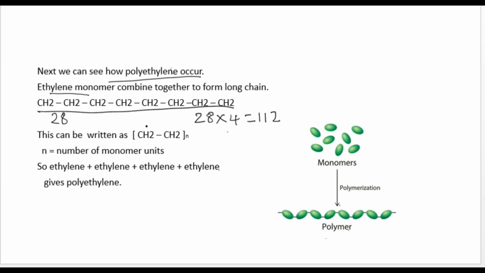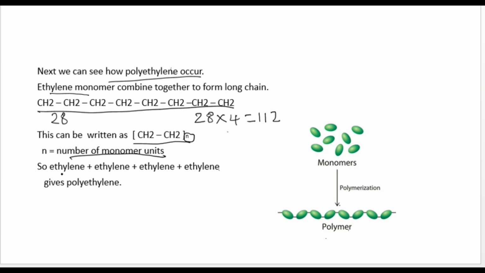So, if there is a polymer that is formed by combining more than 100,000 monomers, we can't write all the monomers completely here. So, it can be written as CH2 single bond CH2 suffix n. And the suffix n denotes the number of monomer units or number of monomers.